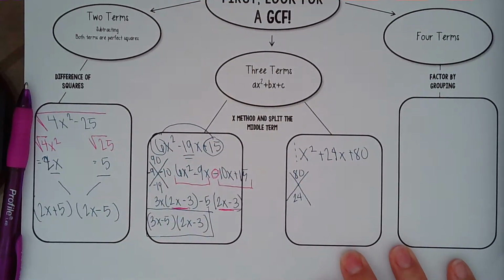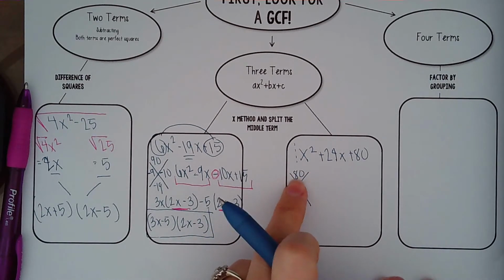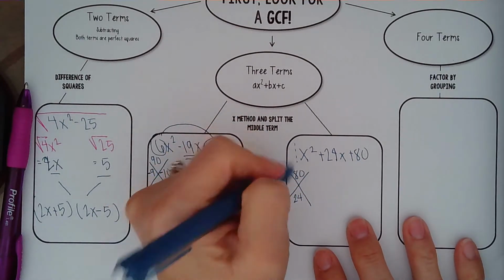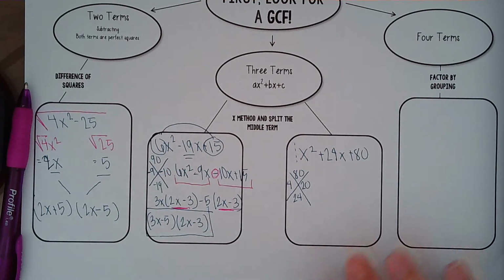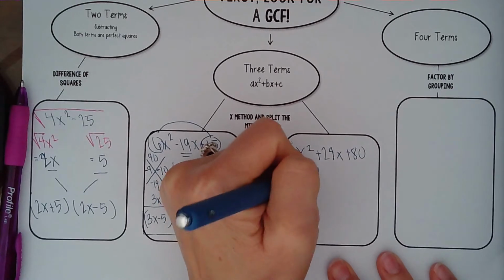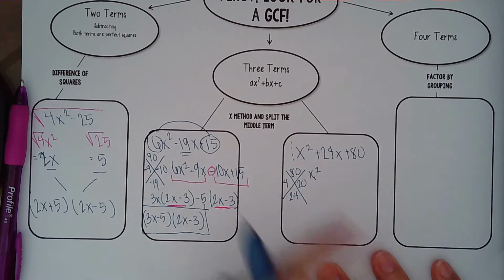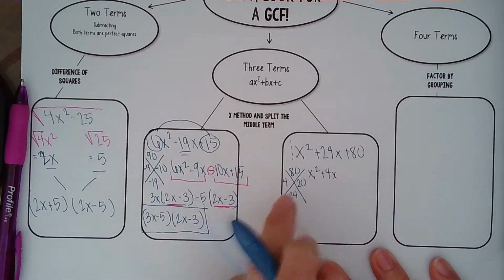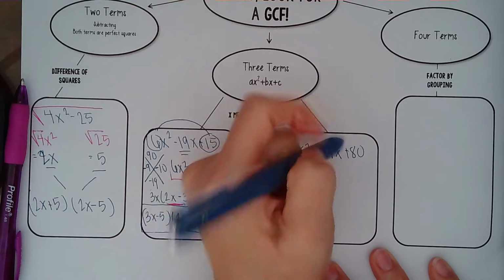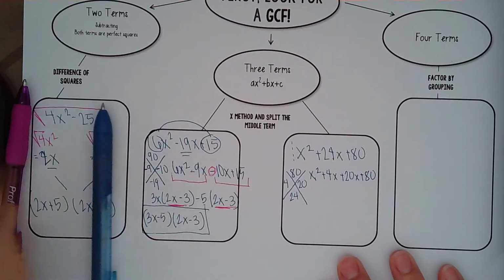And I bring the middle brother that nobody likes to the bottom. And I think, what multiplies to 80 and adds to 24? That would be 4 and 20. Okay, so I'm just going to put my 4 terms down: x squared plus 4x plus 20x plus 80.